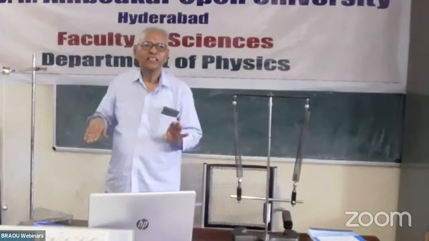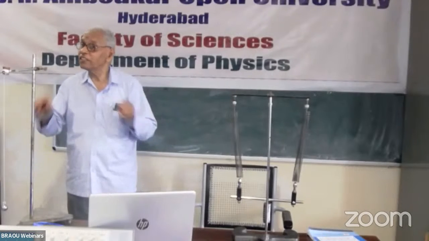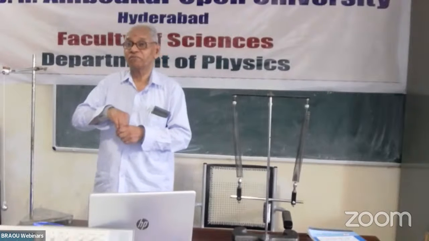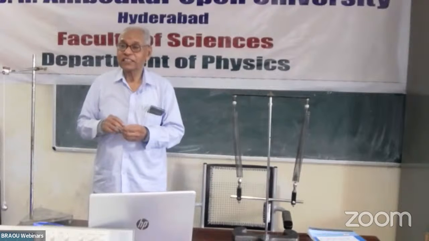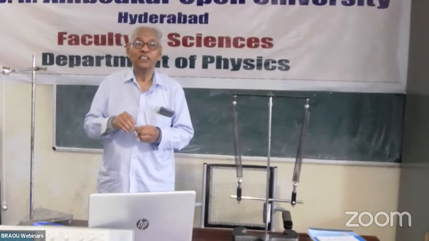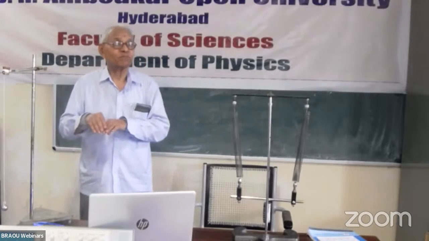Have you seen that? This is because of diffraction. You should not say this is diffraction. This is because of diffraction. See, diffraction has got some effects. The effect of diffraction is to produce darkness as well as brightness.